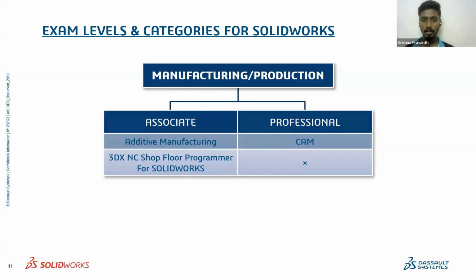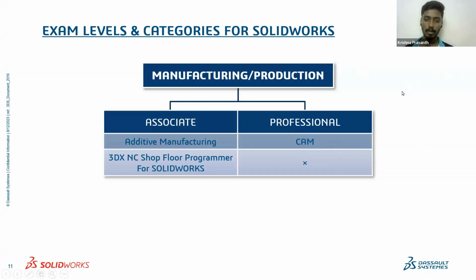Apart from this, in the professional level, we have a desktop version of CAM, computer aided manufacturing software. This is provided with the help of CAMWorks. So they are collaborating with SolidWorks to provide you the manufacturing part.